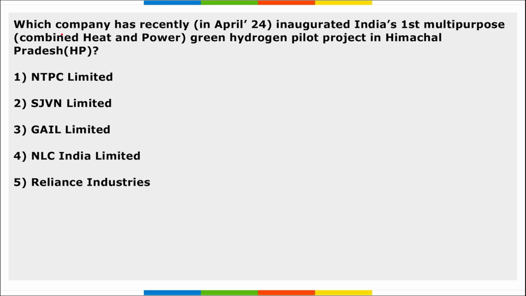Next, which company has recently inaugurated India's first multi-purpose green hydrogen pilot project in Himachal Pradesh? It is SJVN Limited, that is Satluj Jal Vidyut Nigam Limited.